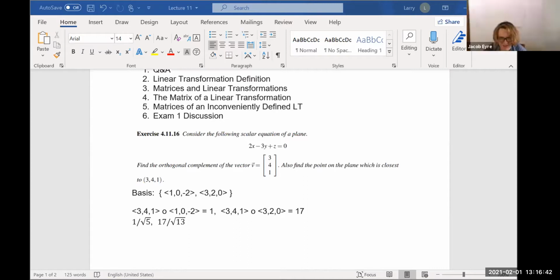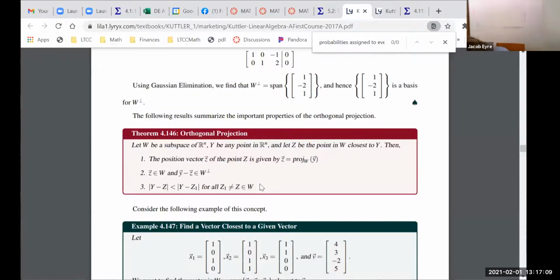This almost looks like the Gram-Schmidt process. It's kind of similar. So there's a point closest. Let me find it in a second. Let me do new share. There we go. Just want to get out of the book so you can see.